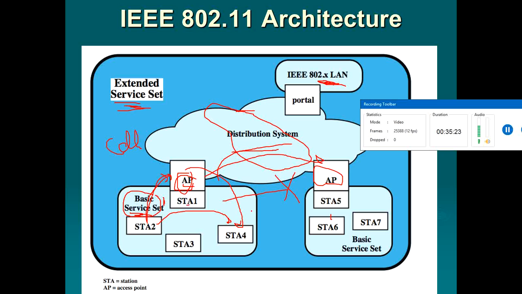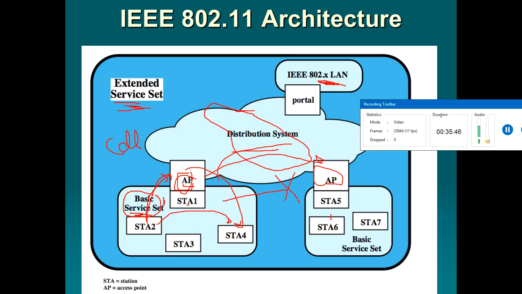An independent basic service set is also called an ad hoc network. In an independent basic service set, the stations communicate directly and there is no access point, as I told you while I was discussing the definition of the ad hoc network.